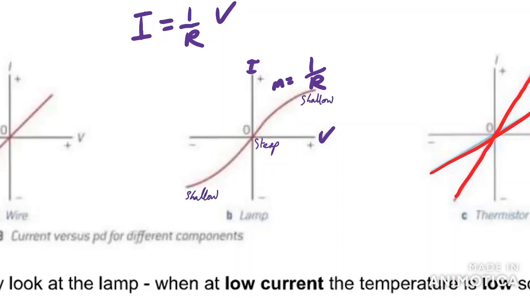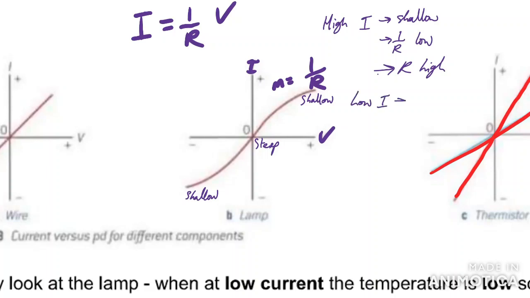So what we actually said here, we said high I implies shallow, positive or negative. What does shallow mean? Well, it means 1 over R low, which means R high, and low I, so the opposite is R low, right? It's steep. This is a very important graph to know, and they love this for 3 or 4 mark questions. So why does it take that shape?